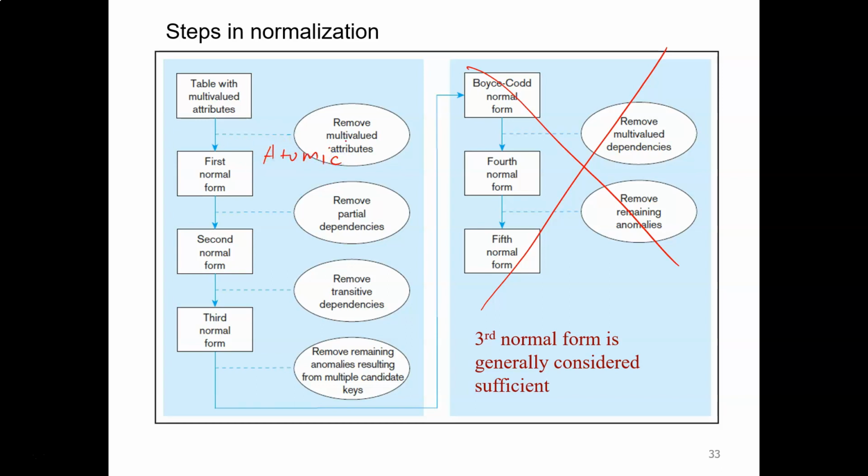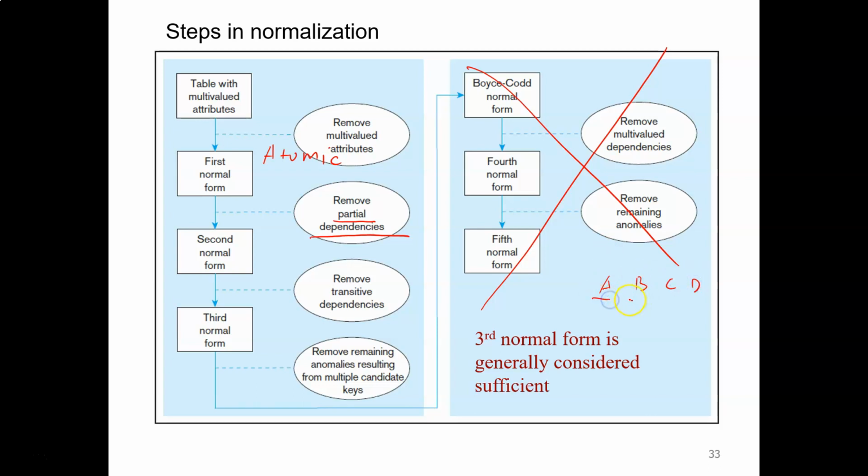To move a relation in the first normal form to the second normal form, you need to remove what's called a partial dependency. So what is a partial dependency? Well, let's say you have four fields, A, B, C, and D. And in this table, A and B together is the primary key.